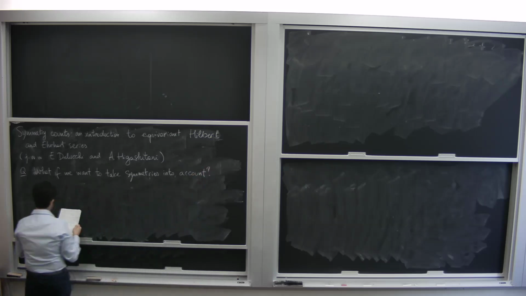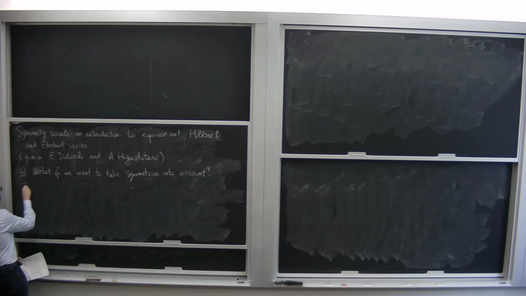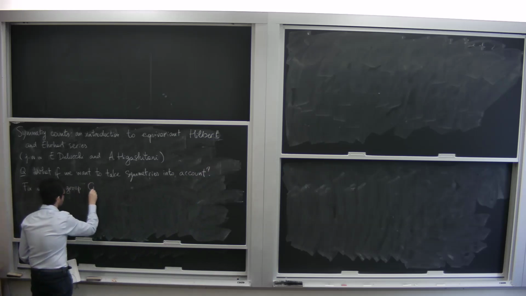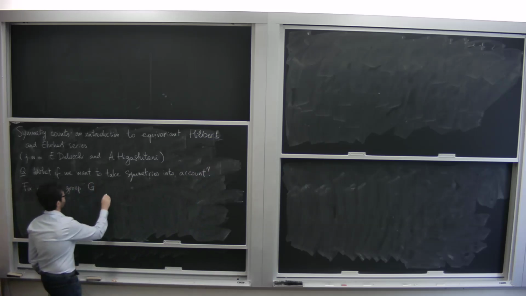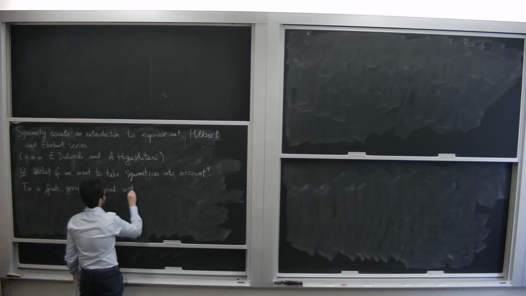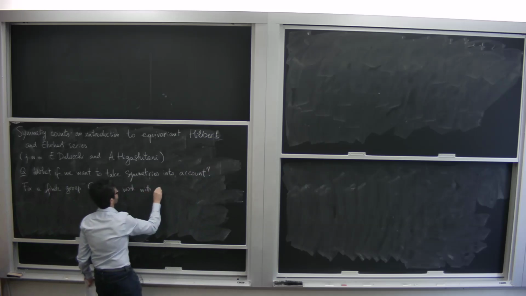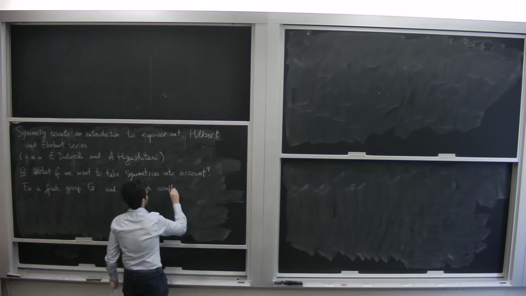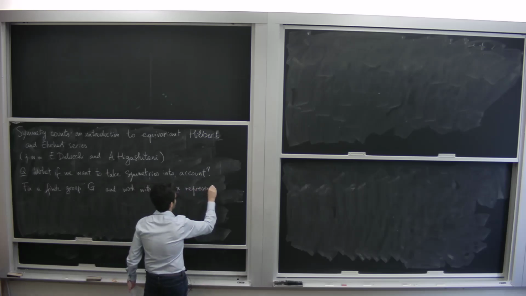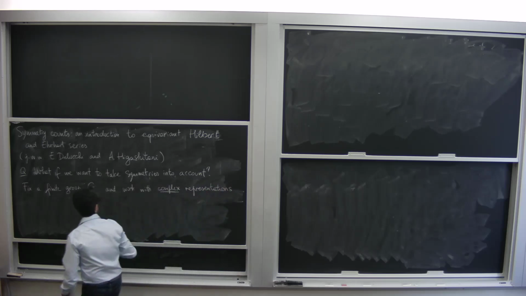So for the rest of the talk, I'm just going to fix a finite group G. And I'm going to work with complex representations, so that everything is nice and I don't get any arithmetic problems.